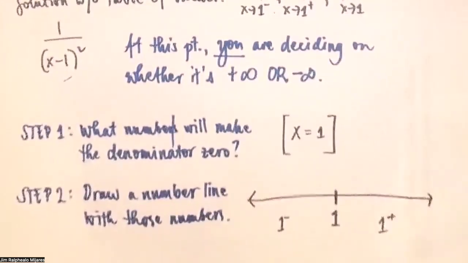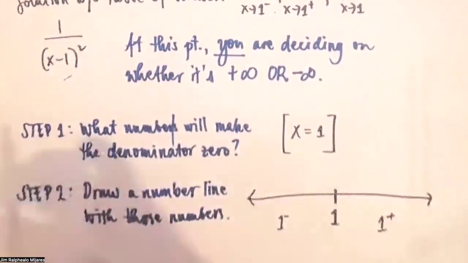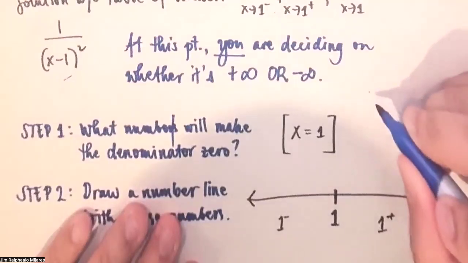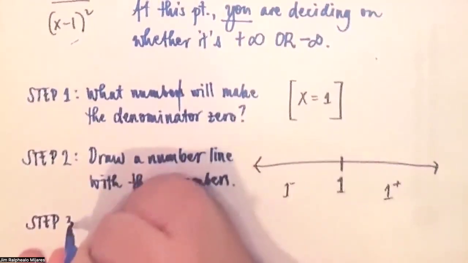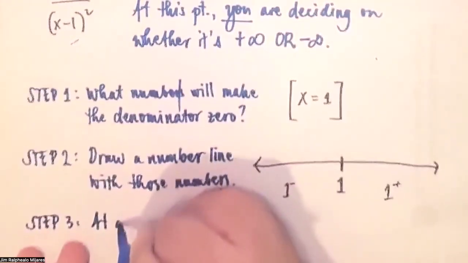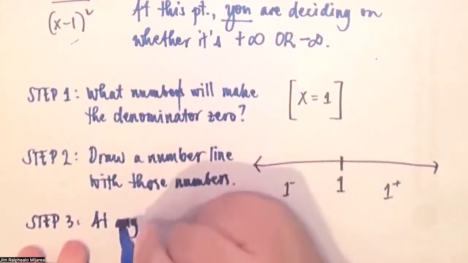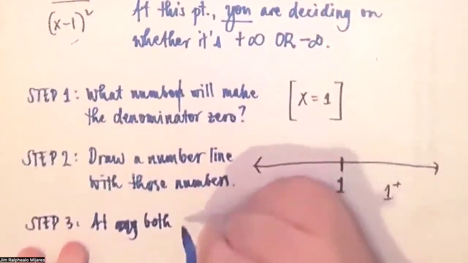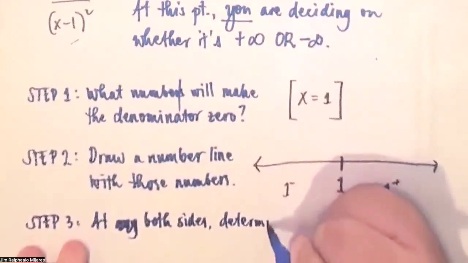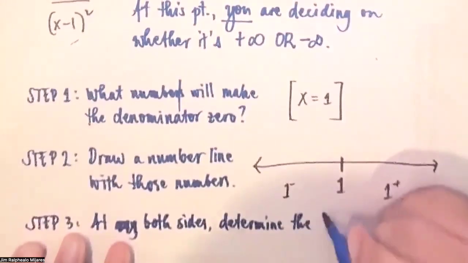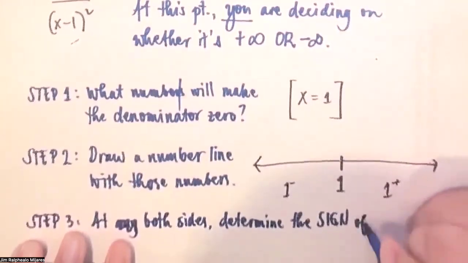Now, step 3, crucial. Step 3, at both sides, determine the sign of the function.